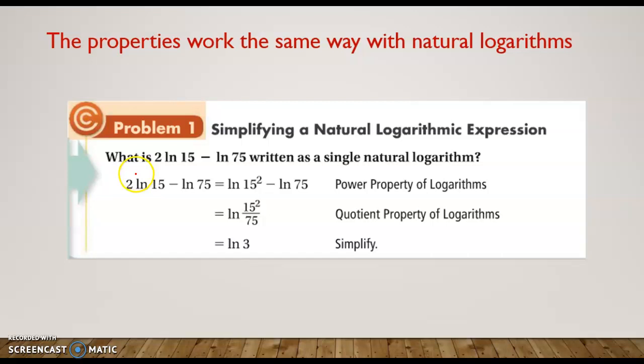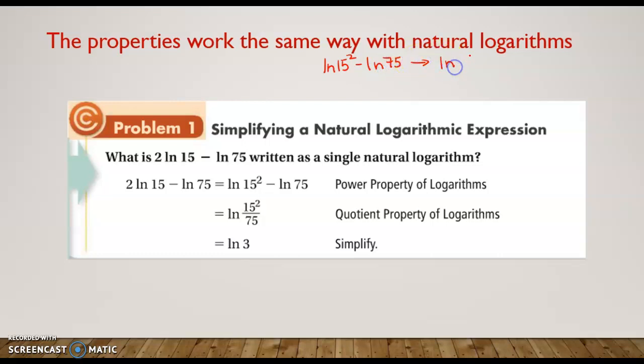Your natural logs work exactly the same way as your base 10 logs, your common logs. When it says what is 2 ln 15 minus ln 75, natural log, both of those. Then if you're writing it as a single power, you would rewrite this as natural log 15 squared minus log of 75.